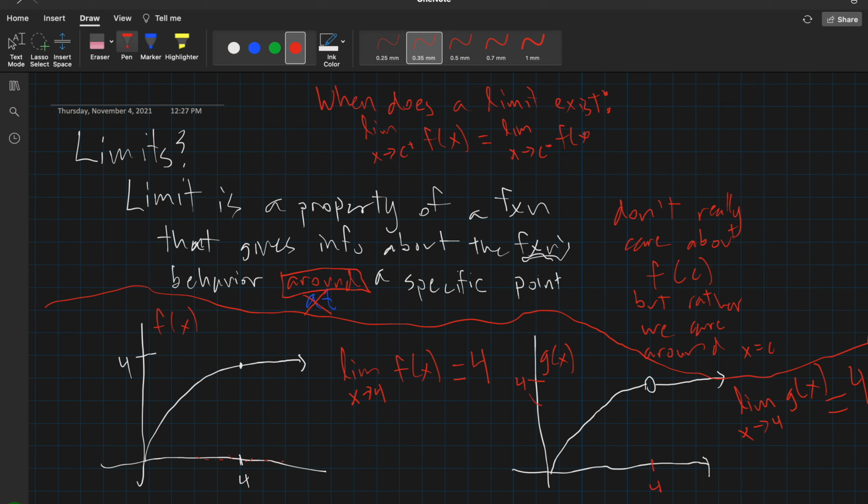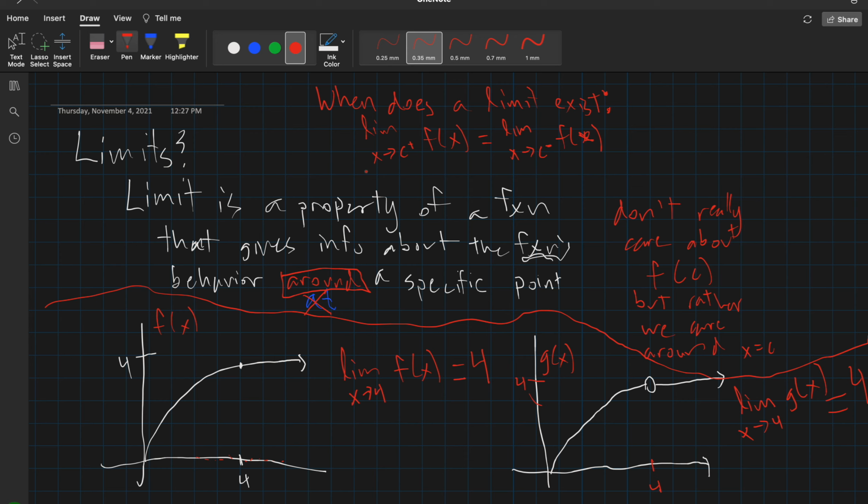So now this is additional notation. So how to read this? It'd be the limit as x approaches c from the right of f of x is equal to the limit as x approaches c from the left of f of x. Sorry, I keep getting confused. So it's really important to get this notation down.